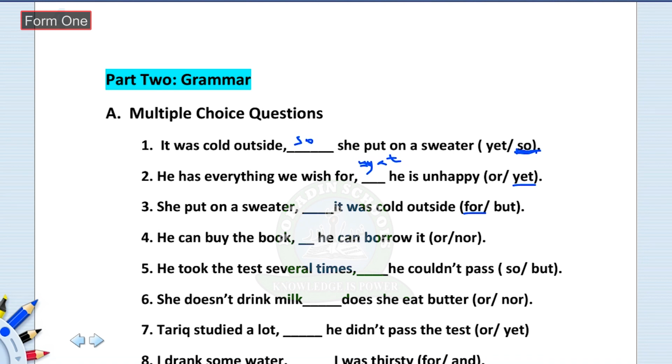The fourth one, he can buy the book, dash, he can borrow it. Now you have to choose between these two options.